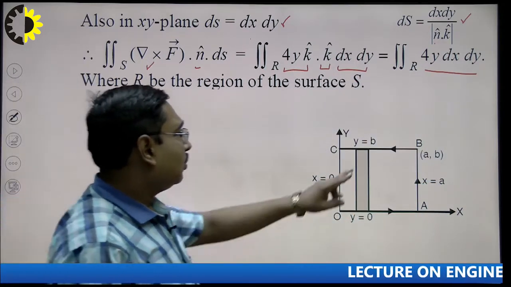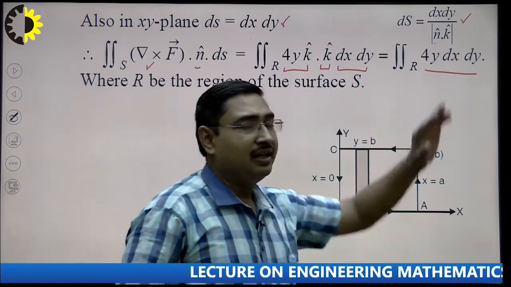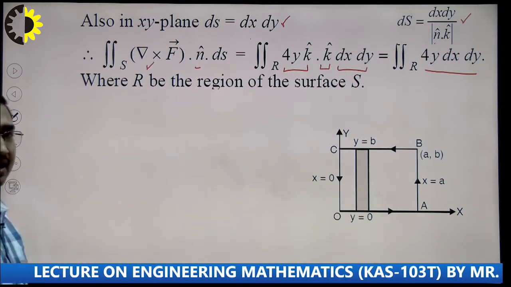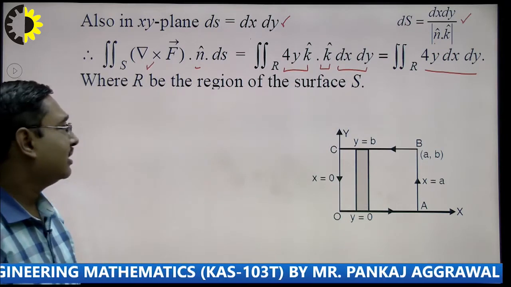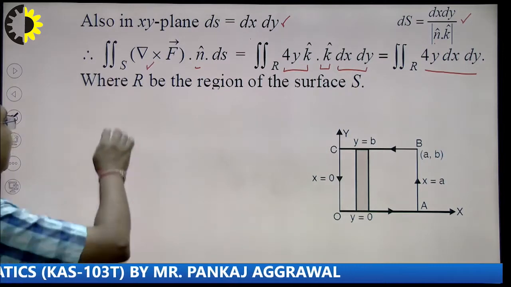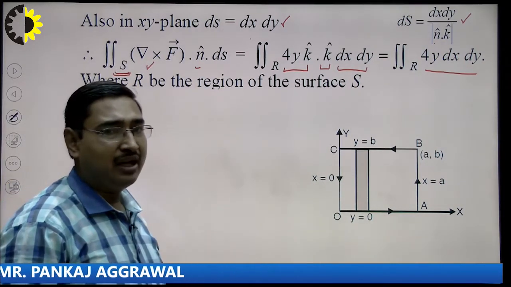Now, we need to apply limits of x and y for this integral. To find limits of x and y, we first decide what is the region with the help of which we are going to calculate limits. As we have seen earlier, to find the region, we take the projection of this S on the xy plane.